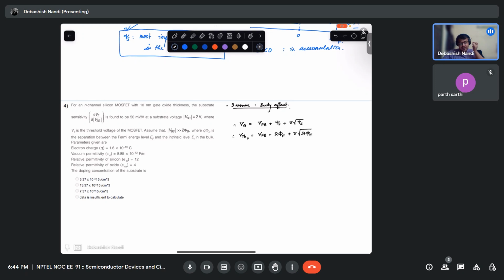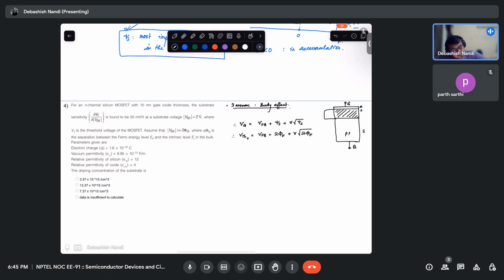Okay, now suppose I apply... so far I was having this kind of structure, right? This is my oxide, metal oxide semiconductor. This is B, this is G, and now let's say I have some contact here.